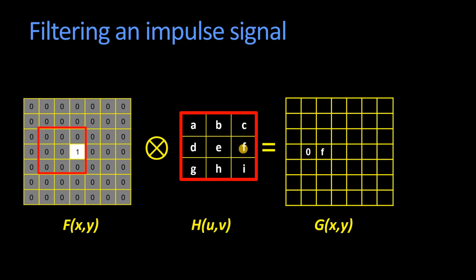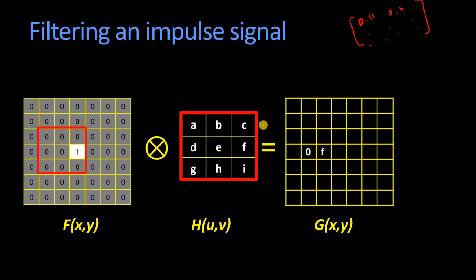Remember, I don't show 1 by 9 over here because 1 by 9 is already included in the mask. If you have a box filter with 1 by 9, it is like this: 0.11, 0.11, all of them. A over here is 0.11 if it's a box filter.